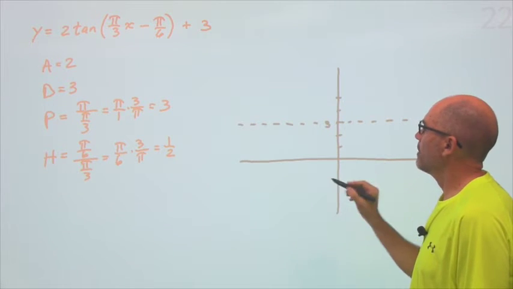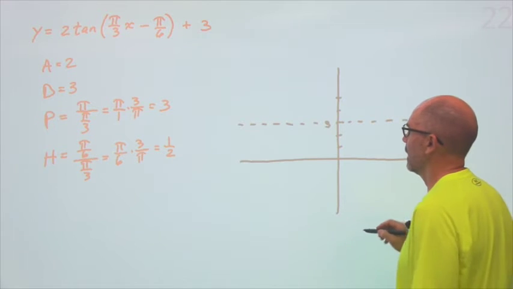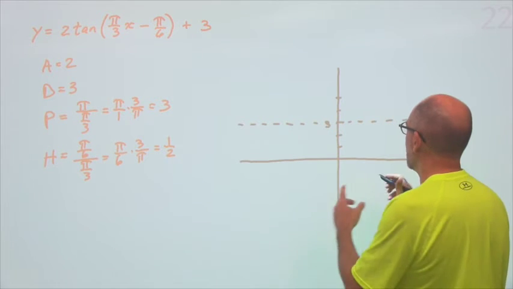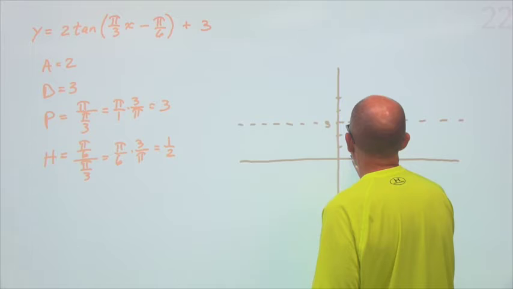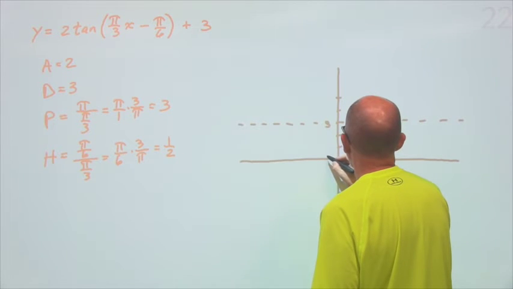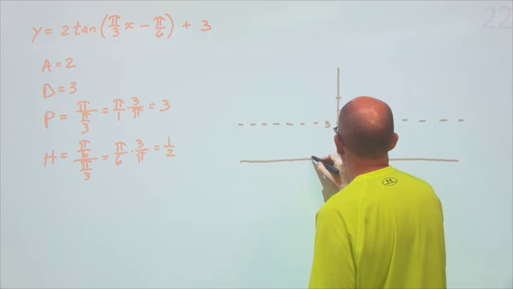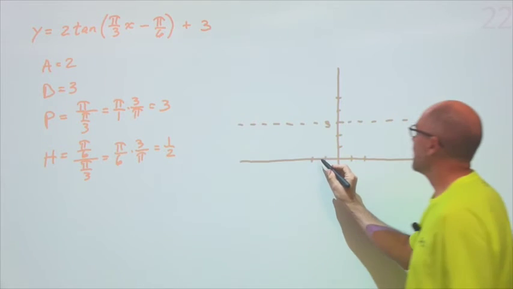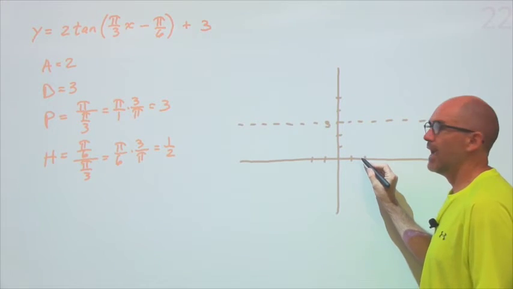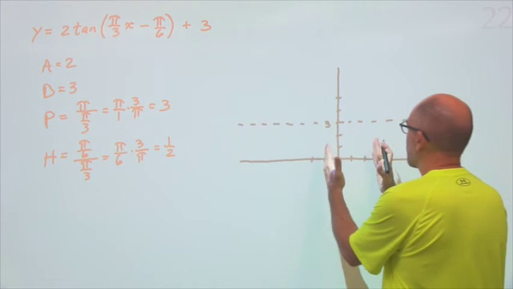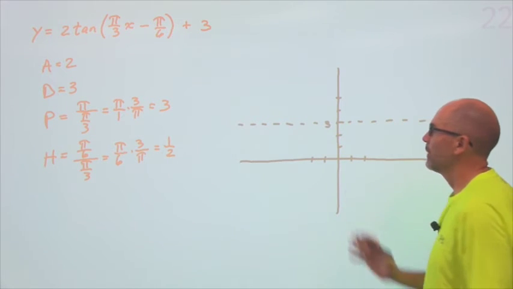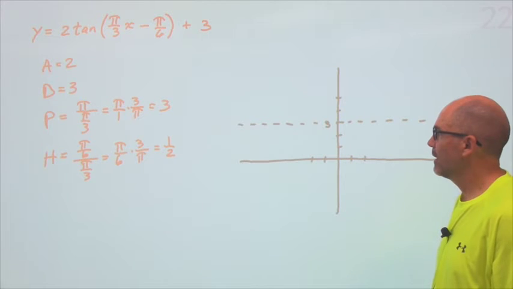And we have a period of 3. Now remember, 3 would be from negative 1.5 to 1.5. See, the period of 3 has to straddle the y-axis.